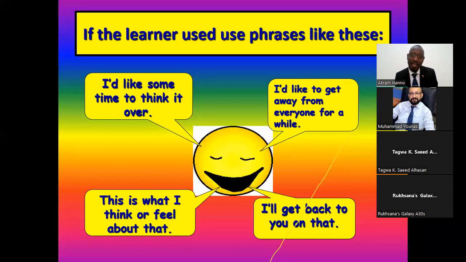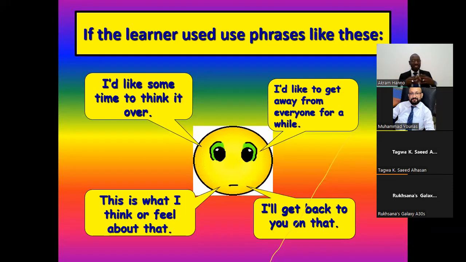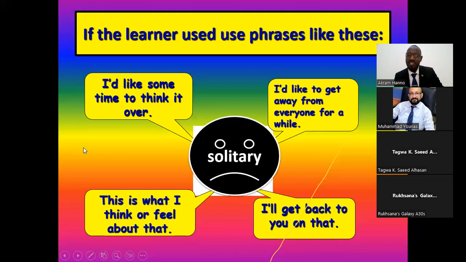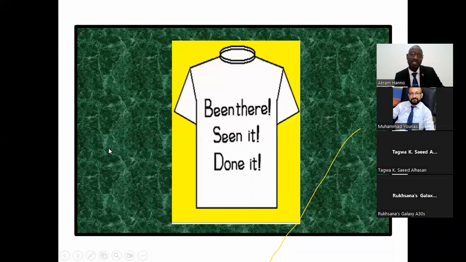Or I'll get back to you on that. Or the last one, as you can see here, this is what I think or feel about it. So this is solitary, from solo and soloist and so on. Yes, been there, seen it, done it.